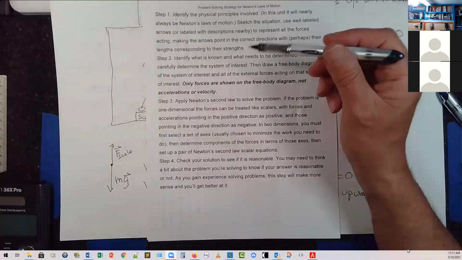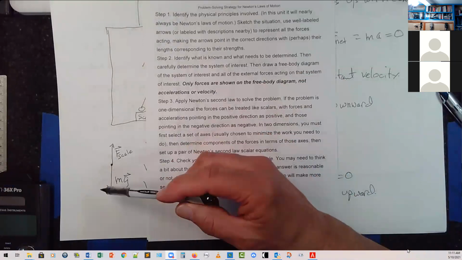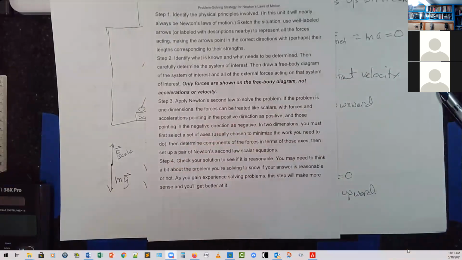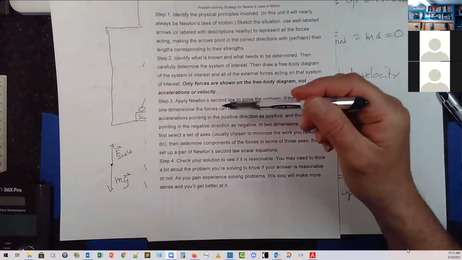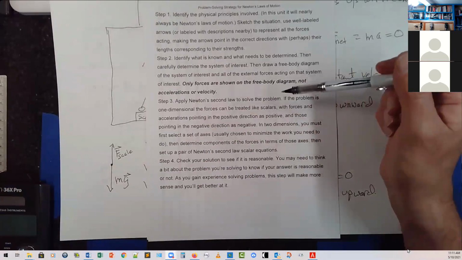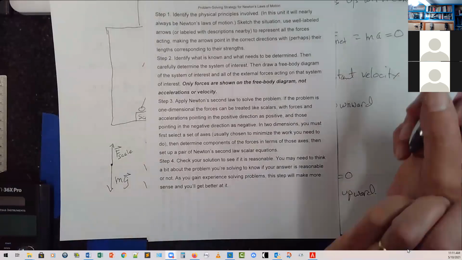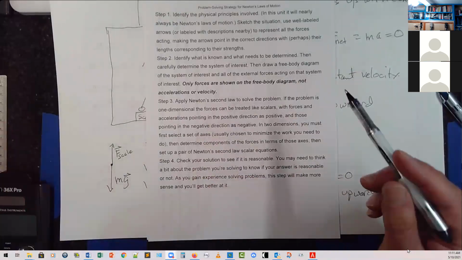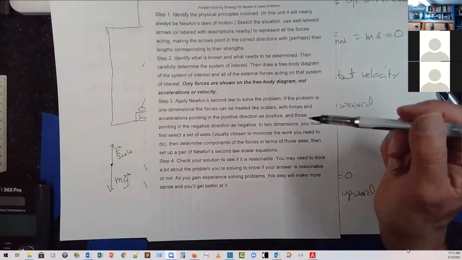But we'll learn how to deal with that, get used to making free body diagrams and trying to identify the forces. And then we apply Newton's second law to solve the problem. If it's one-dimensional, we can treat them like scalars. That's what we just did, made it one-dimensional, and with Atwood's machine.